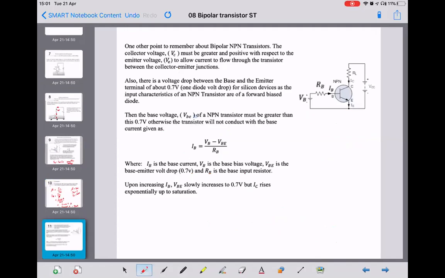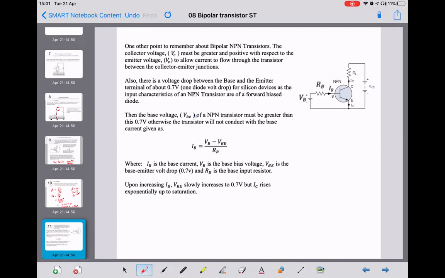On the next page, we now consider one other point to remember about the bipolar NPN transistors: the collector voltage, VC, must be greater and positive with respect to the emitter voltage to allow current to flow through the transistor.